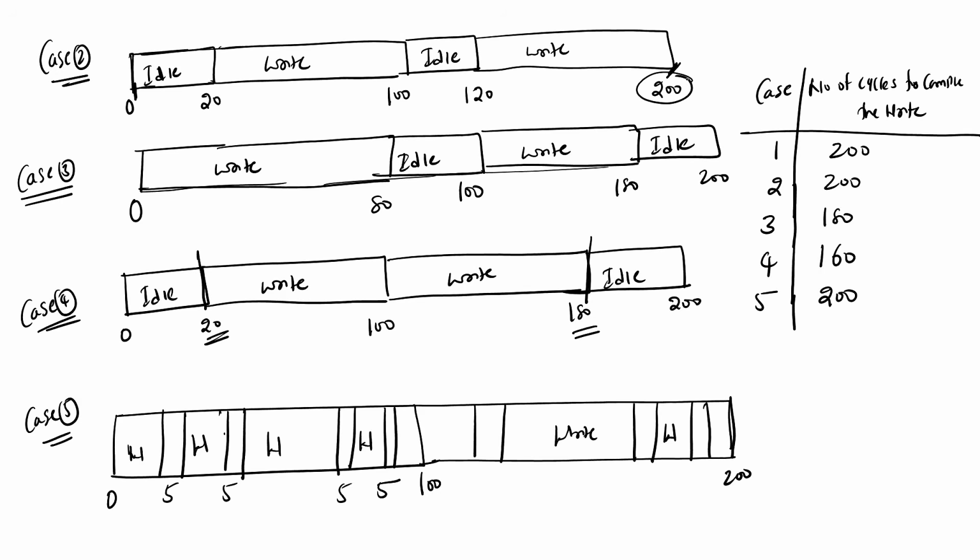Okay, sir, in the case 4 also it is starting from 0. Case 2 it is 180, no. Case 2 it is 180. Case 3 180. Case 4 160. Then case 5, 200.